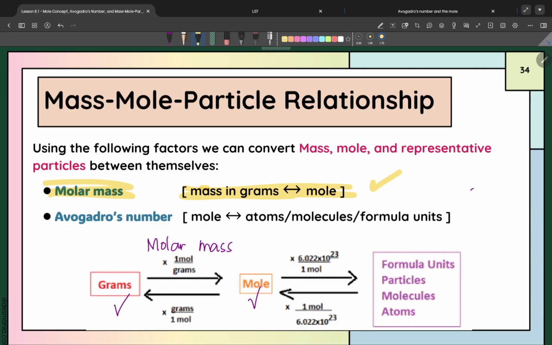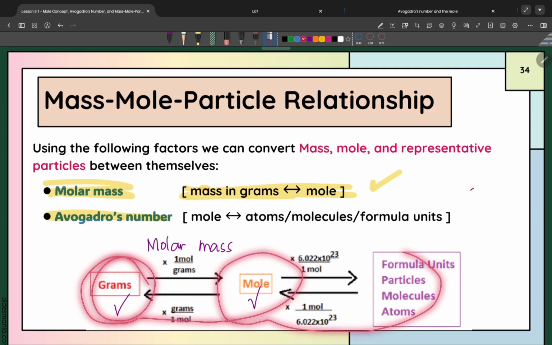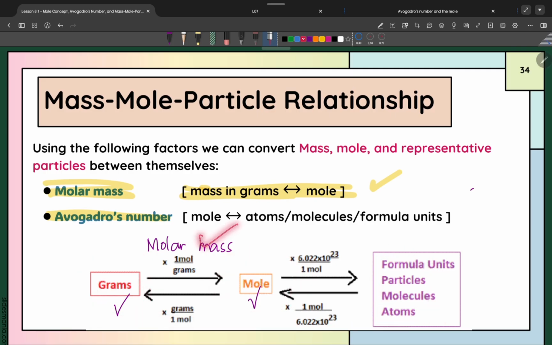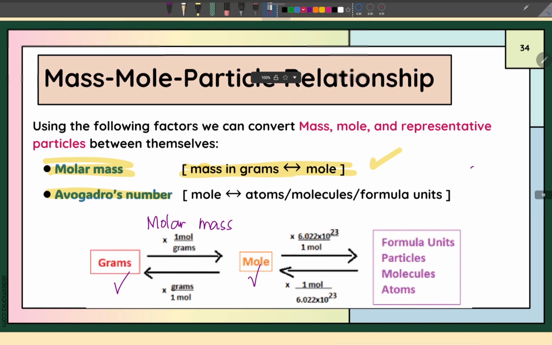If you have moles to atoms, you'll be using Avogadro's number, which is 6.022 times 10 to the 23rd. And if you will be converting grams to moles to atoms, then you have to use both the molar mass and Avogadro's number. Okay, let's have an example.